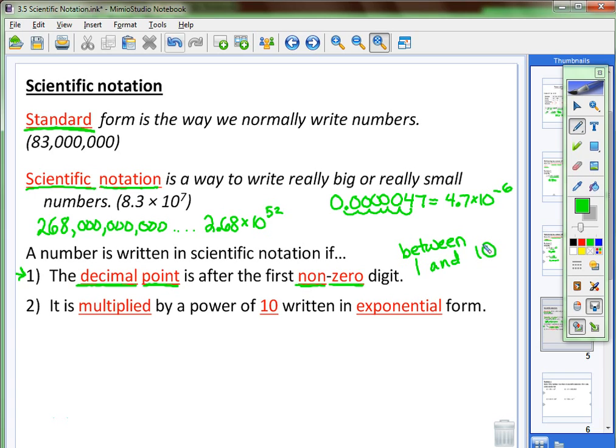So the first digit cannot be 0, and you can't have 2 digits before the decimal point. And second, it has to be multiplied by a power of 10 written in exponential form. Like we have up here, times 10 to the 52nd power.